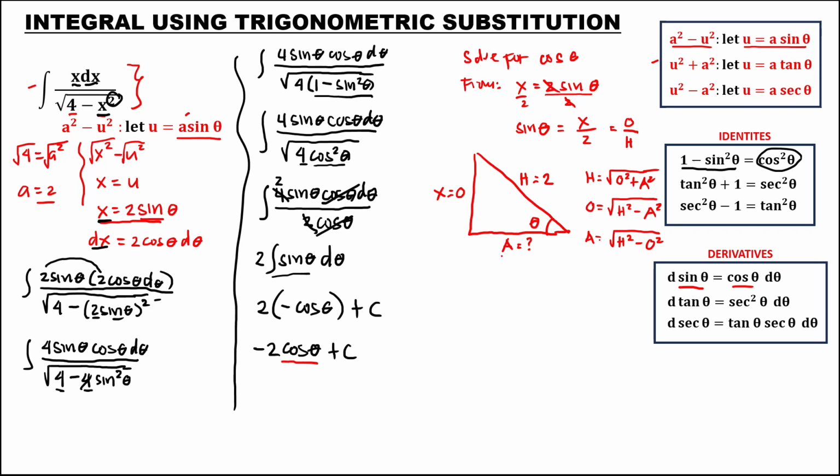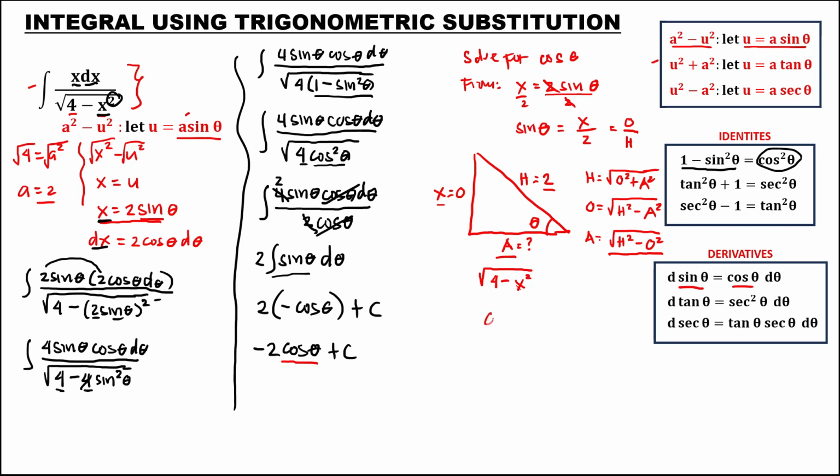So the hypotenuse is 2, so 2 squared is 4, minus the opposite squared, and the opposite is x, so x squared. So the adjacent is equal to the square root of 4 minus x squared.